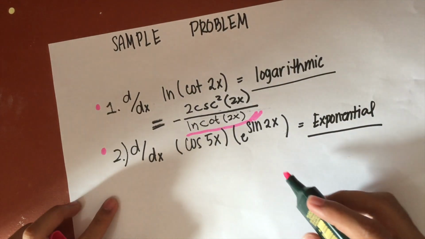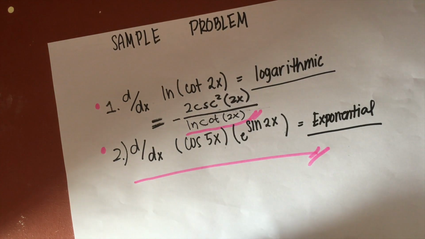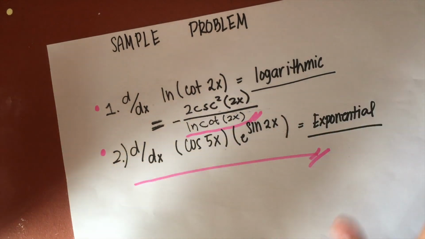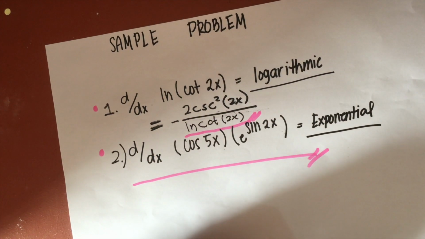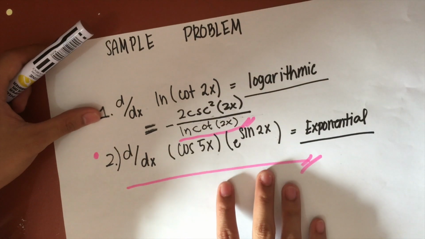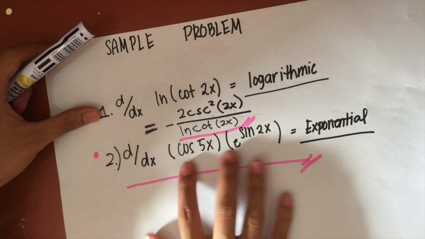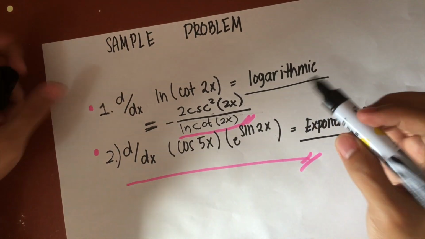Next we have to solve this exponential. If you ever wonder why this happened, I made this problem to have a twist so that if you ever encounter this kind of problem, you can easily find a way to solve it.